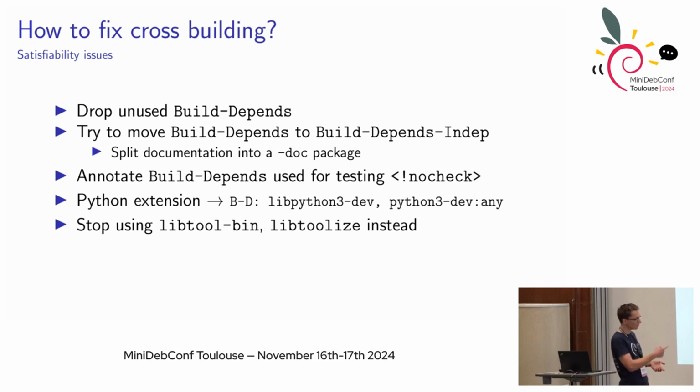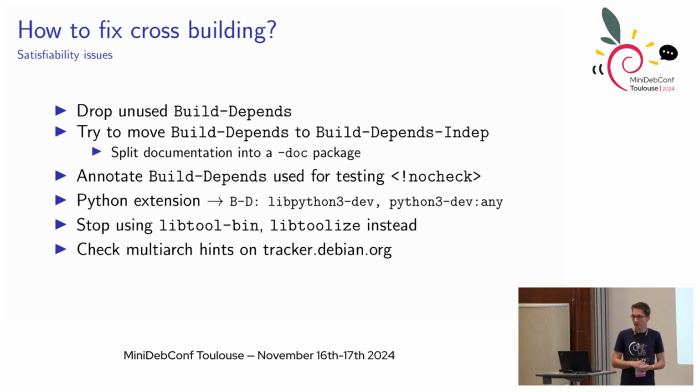The libtool-bin package contains a pre-configured one for a build architecture that equals the host architecture, which is not what we can do in cross-building. So any package that build depends on that doesn't work.